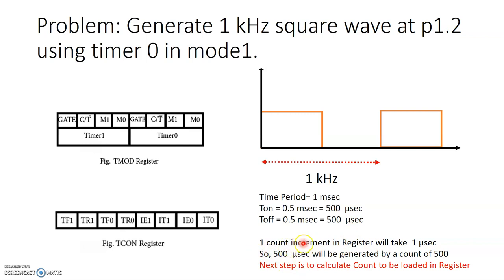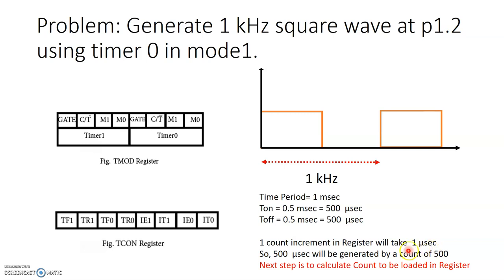So one count increment in the register will take 1 microsecond. How did we arrive at this result? Basically, an 8051 microcontroller normally requires a crystal oscillator frequency of 12 megahertz, although it could be different also.